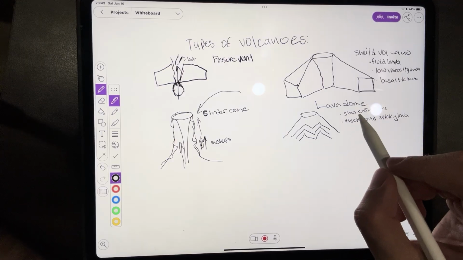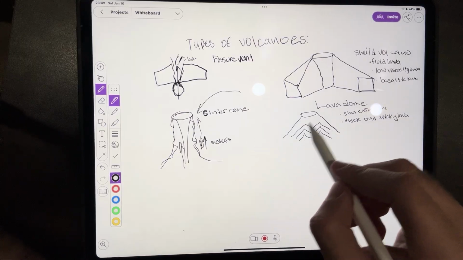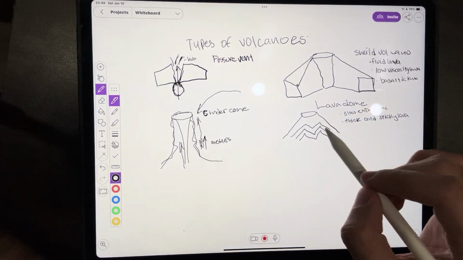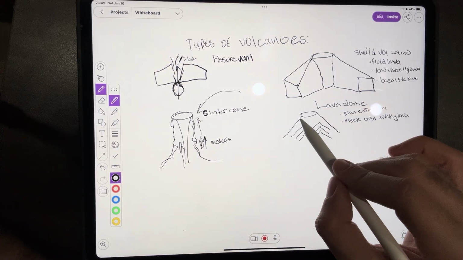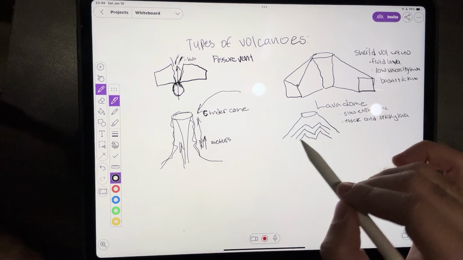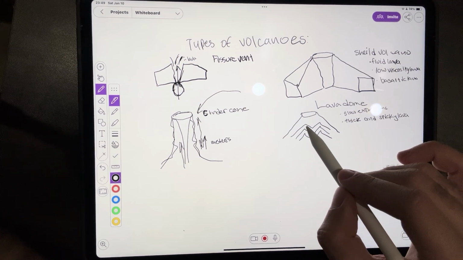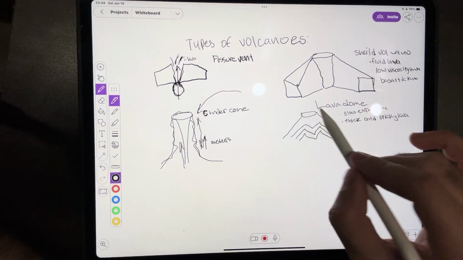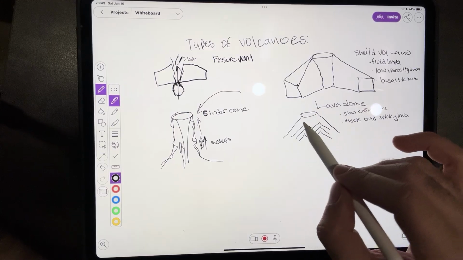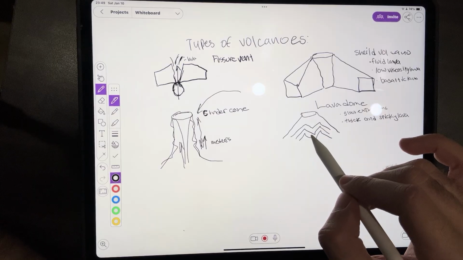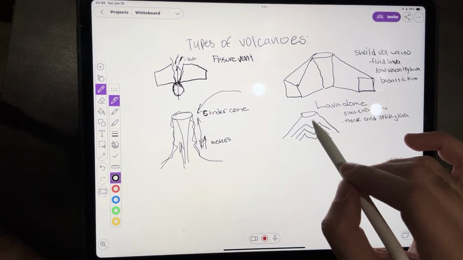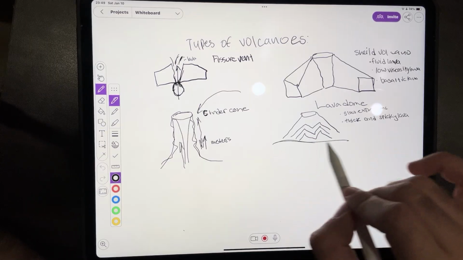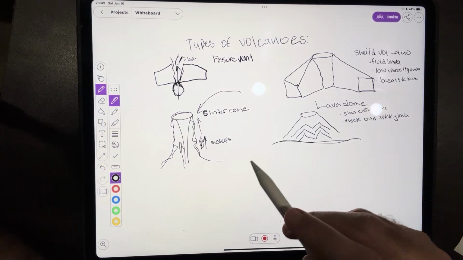So essentially, that lava builds around a vent, similar to a cinder cone, but usually the lava dome is a different type of volcano by itself. It is created when the mountain erupts and basically creates a dome.